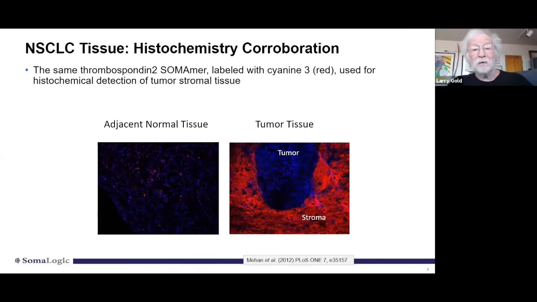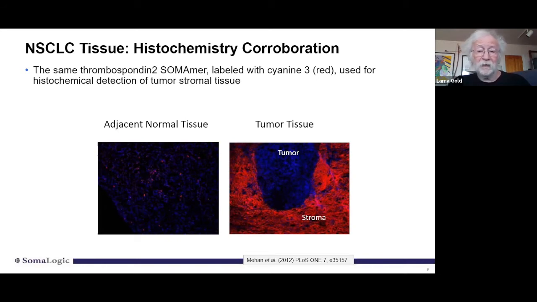It doesn't matter for what I'm trying to tell you, which is that thrombospondin was found in the stroma around the tumor, penetrating sometimes into the tumor. And so at first you think, wait a minute, you didn't stain the tumor. Well, that was okay, because in the experiments where we did SomaScan, the stroma was included in what we homogenized.